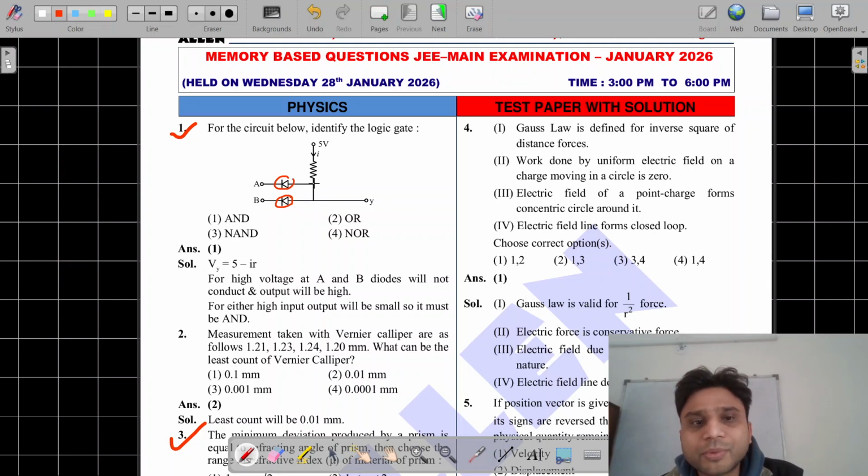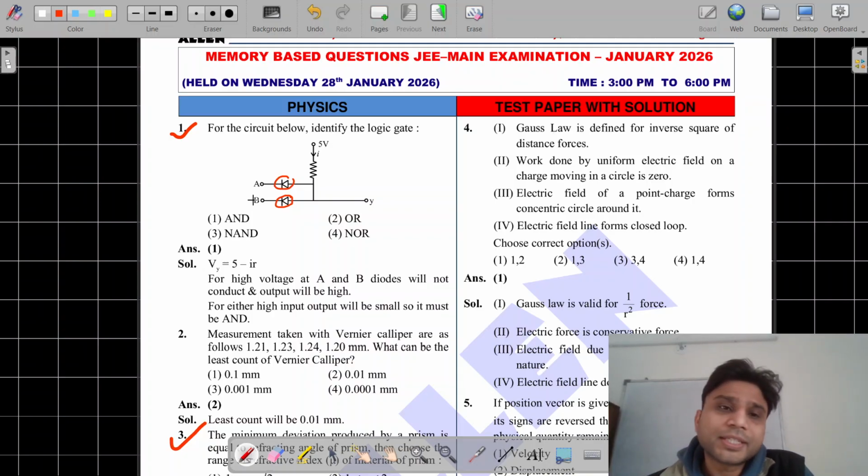So what happens is that when current is passed from this 5 volt potential to point A and point B, under various conditions, either the current will flow to Y, or the current will flow to A or B. If A and B, let's say both of them are in off state, that means A and B both are in low voltage state.